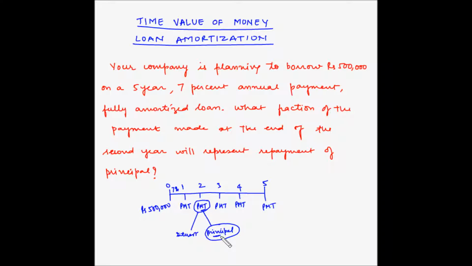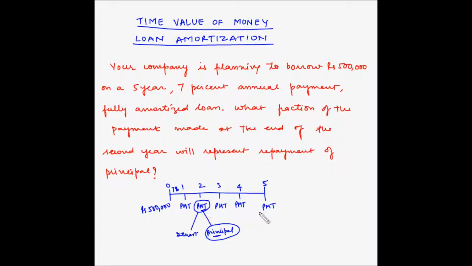While we have multiple methods to find out this payment, and we have seen these different methods in the video for loan amortization fundamentals, for the purpose of solving this example, I will use the formula for present value of an ordinary annuity.